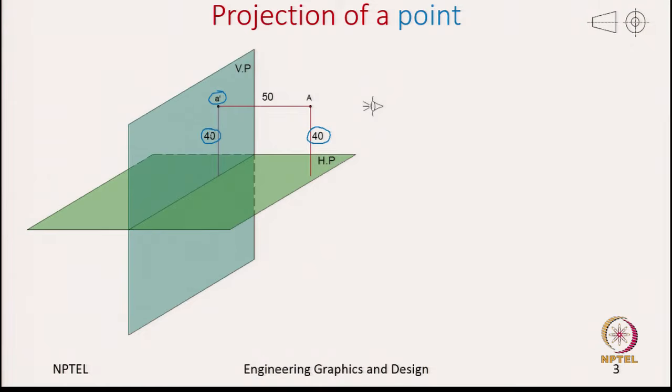So, which means you need not worry about how these dimensions change. The same 40 units is captured in the front view. Okay. Now, let us move to the top view.